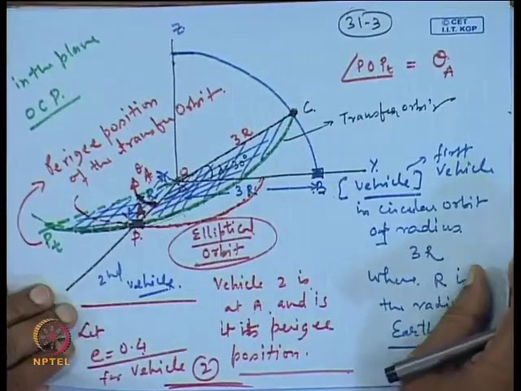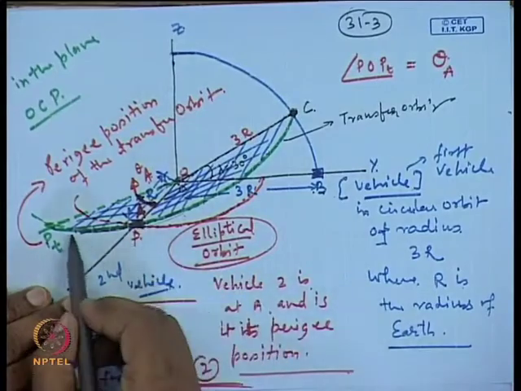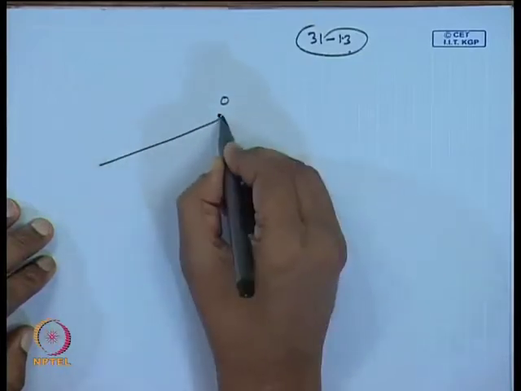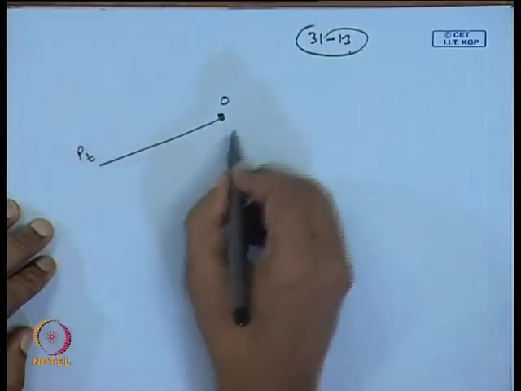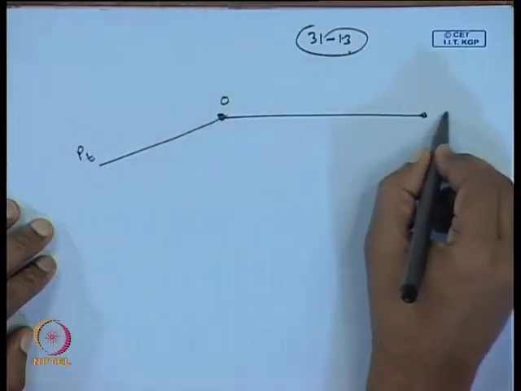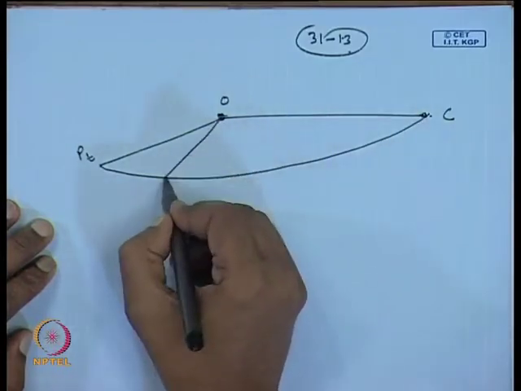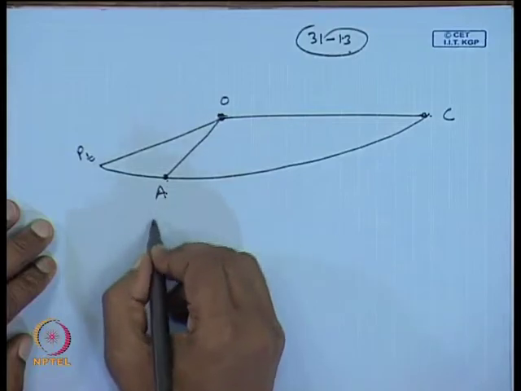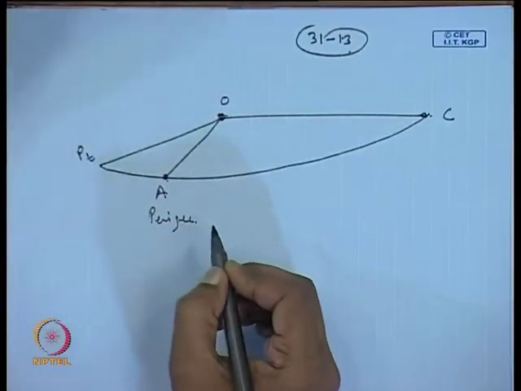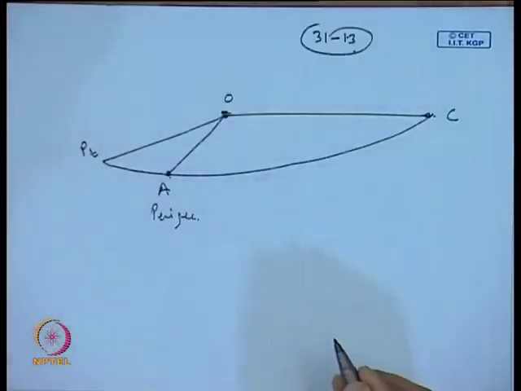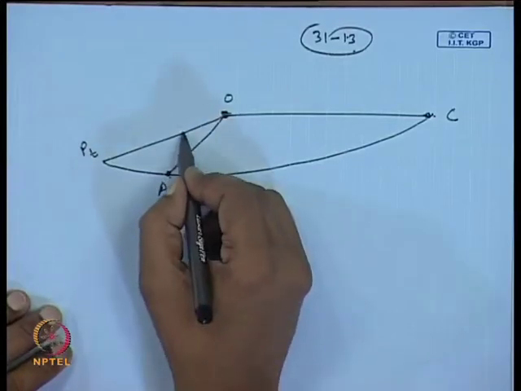So, going back into this equation, now T_AC you have to calculate. First, let us depict this transfer orbit in the elliptical form here. So, you have this point O and this is the point P_t, this is the point C, and somewhere your point P or point A is lying here, which is the perigee position. Instead of writing here P, we can write here perigee.